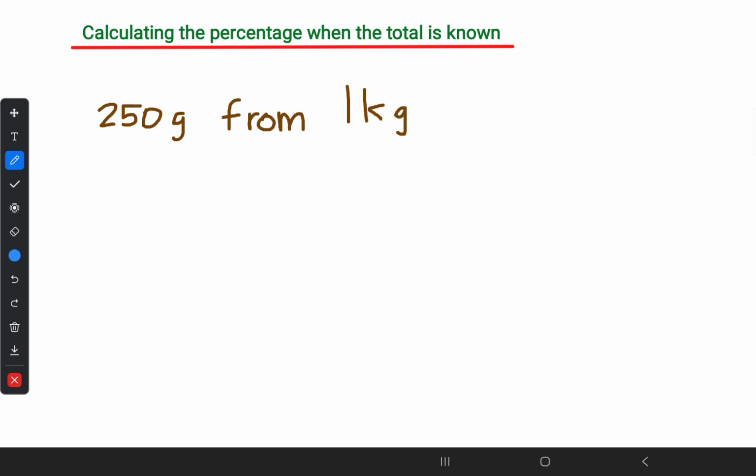First I will convert the units. This is already in grams, so I will keep it as grams. 250 grams from 1 kilogram. So both are not in the same units. Previously I also used an example: one person from grade 8, another person from grade 11. We cannot give the same exam paper to both of them; for each, we have to allocate a different exam paper.